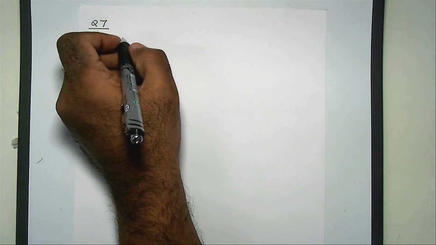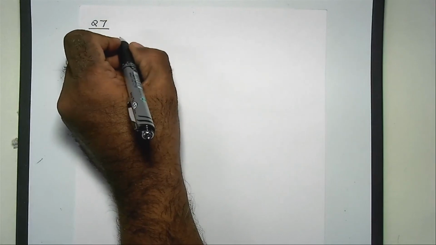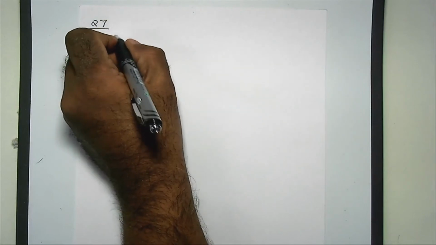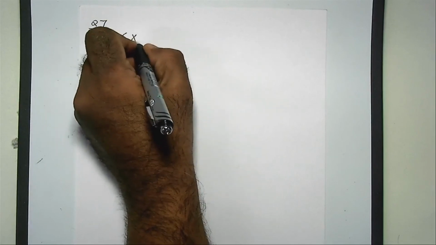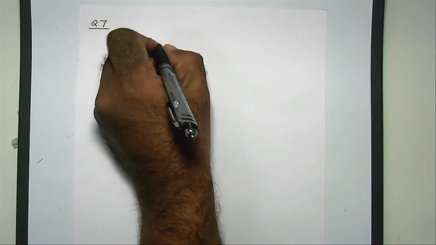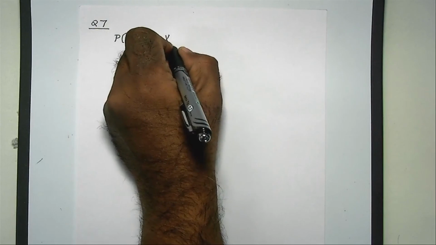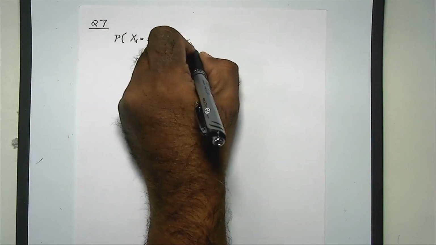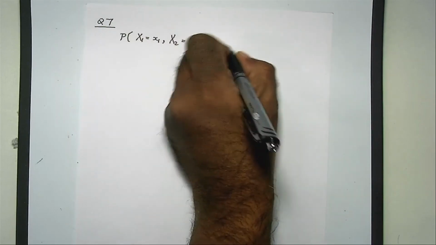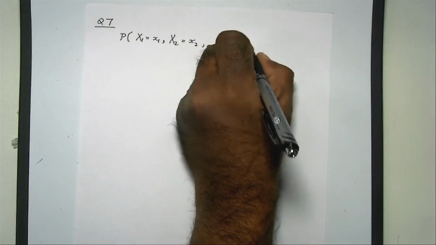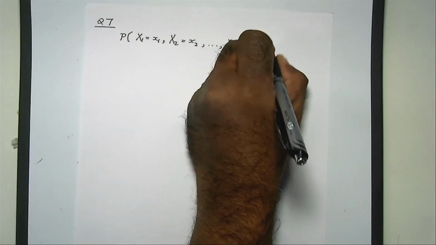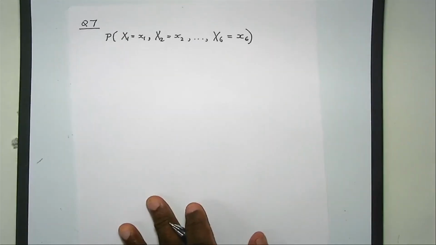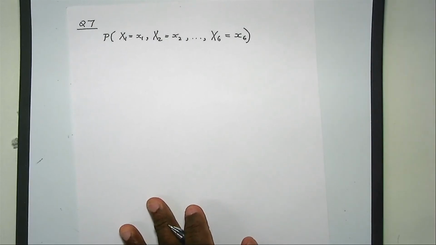So we want to find the joint probability that capital X1 to X6 take these values, and we know that X1 to X6 is a random sample, which means they are independent.